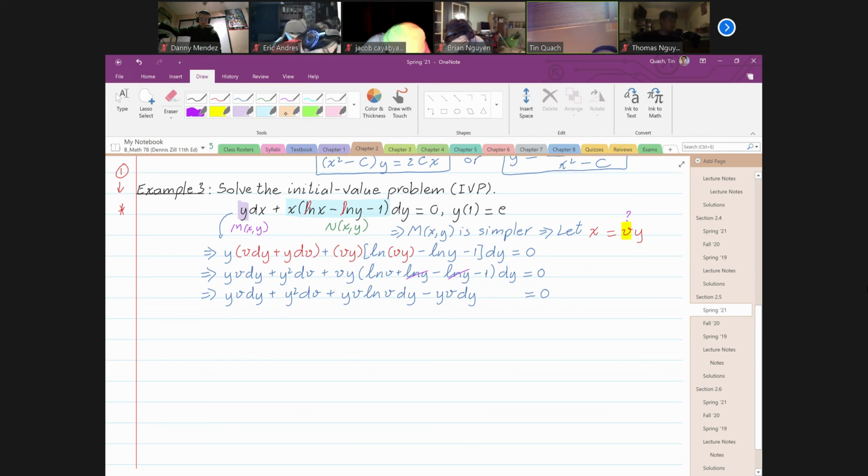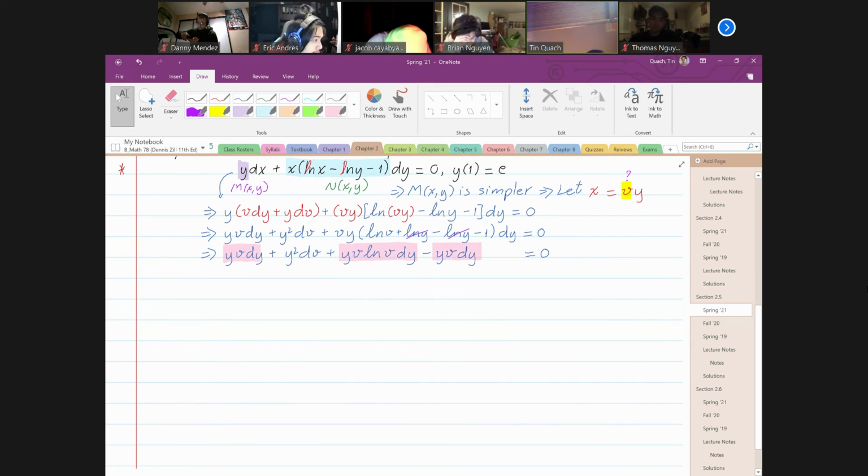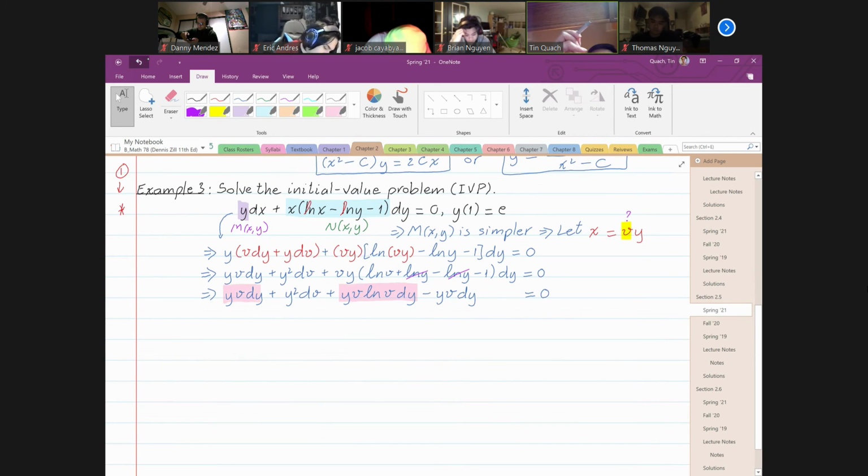This term, and that term. We're going to combine them, okay? But let's see. Oh, never mind. I can cancel out this one and this one, right? Oops. So now we can separate the variables.